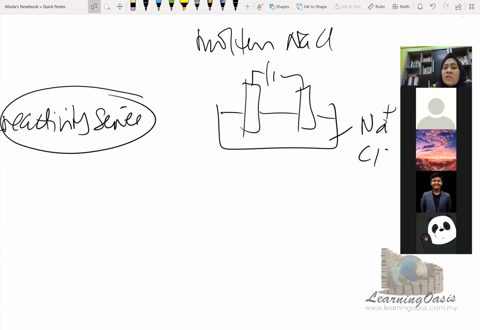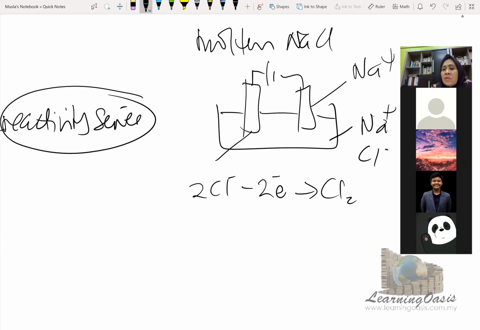What goes to the anode? The chloride ion goes to the anode: 2Cl minus minus 2e gives Cl2. What happens at the cathode? It undergoes reduction.